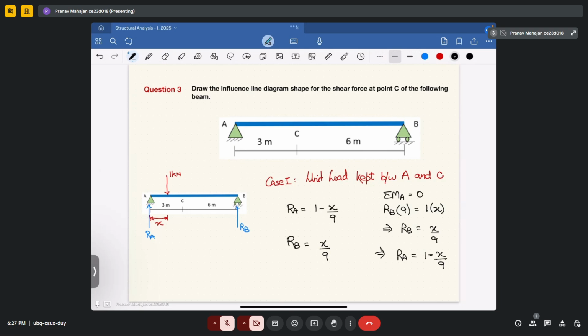Okay. So in this case, when h is equal to 0, that means the load is at point A, your shear force at A will be equal to 0, because 1 minus 1 will become equal to 0. How will it come? It will be 1 minus 1.